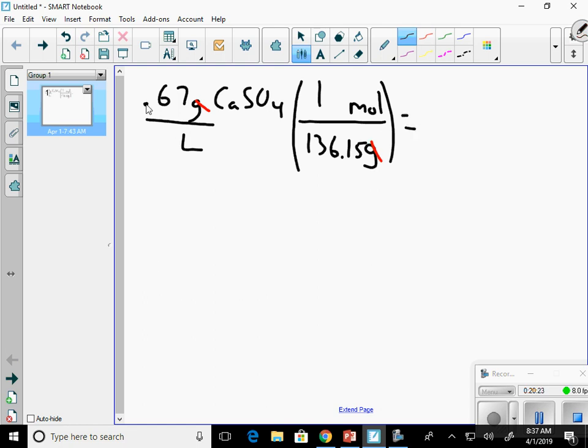I'm going to carry 1 extra digit right now. So in other words, if the solubility of calcium sulfate is you can only dissolve 0.67 grams per liter, that's the molarity. That's the highest molarity I can make of that calcium sulfate solution.